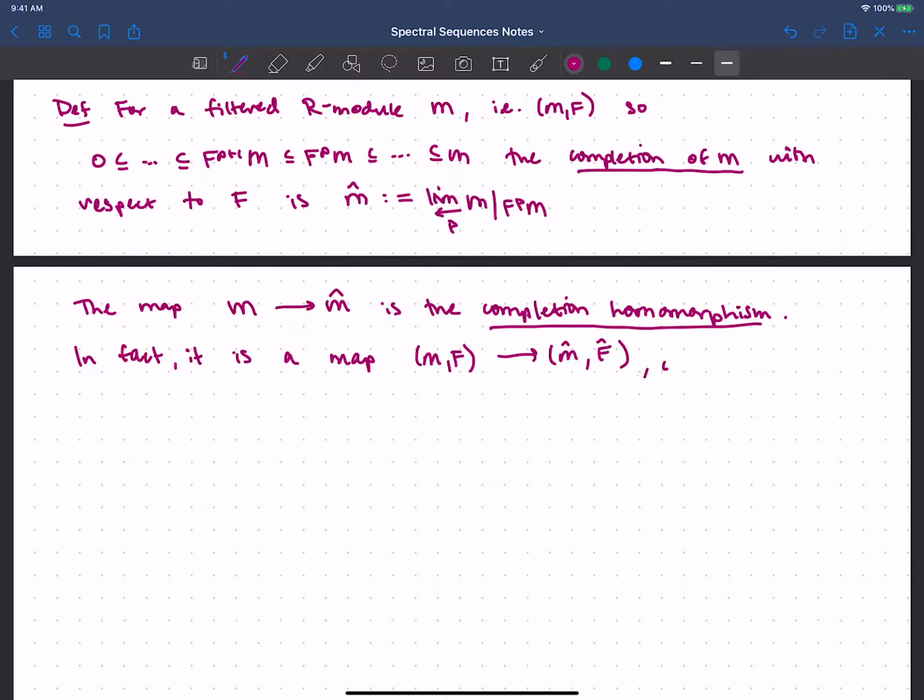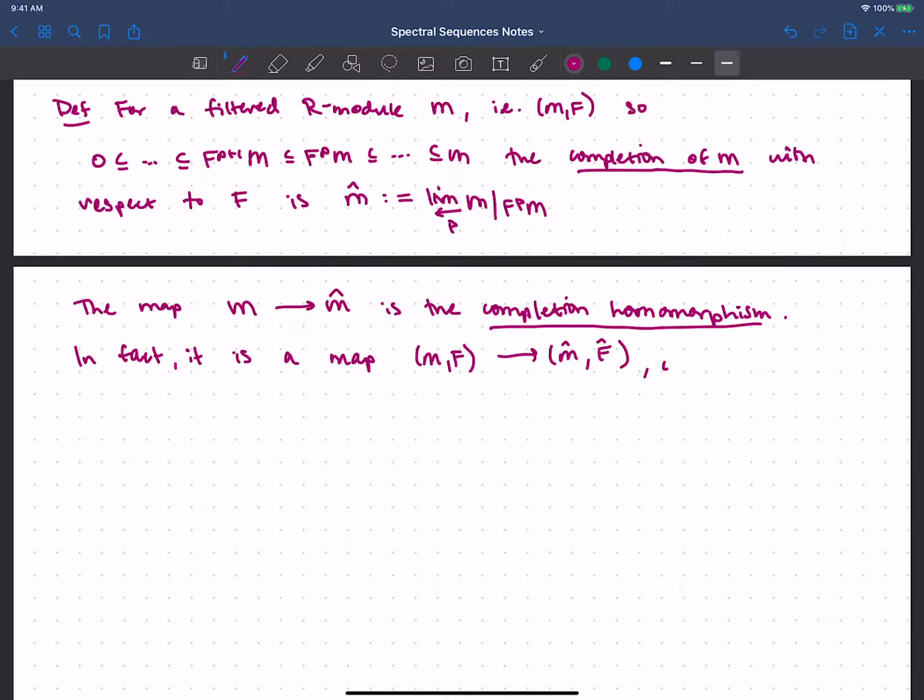And how do I get F hat? Hopefully there's no real choice here, right? This is going to be the filtration induced on M hat by F on M. And what does that look like?